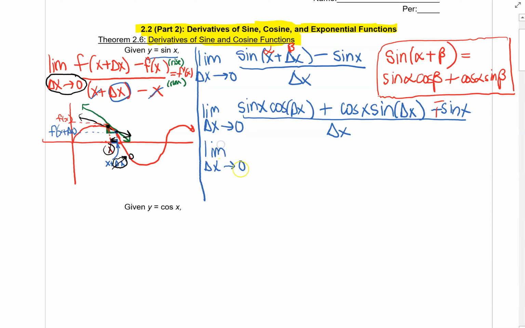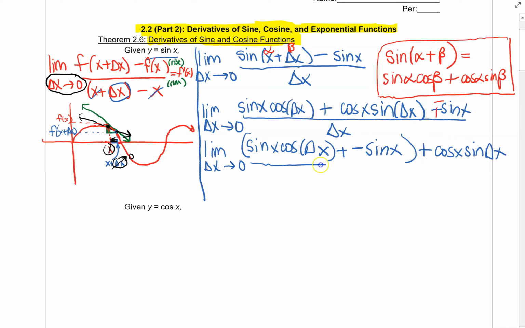So I'm taking the limit as delta x goes to 0, and I'm going to do sine x times cosine of delta x, and I'll just add over the negative sine x first, and then I'll add this term last. I'm just reassociating them, but that's okay. Addition's associative, so that's allowed.